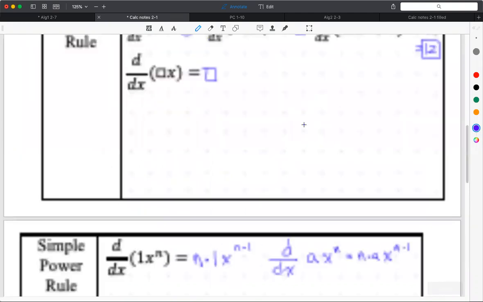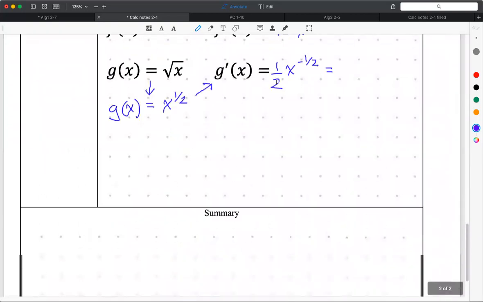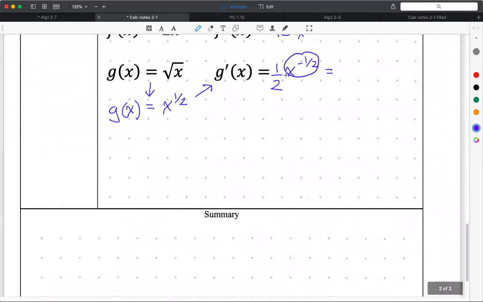Okay, it's the very first thing that we did in our notes, right? If I have something with a negative in the top, I bring it to the bottom. That's why we did our practice at the top. So help me, I have a negative in the top. I need it in the bottom. Chris, help me. I still have the 1/2. What happens to the x?